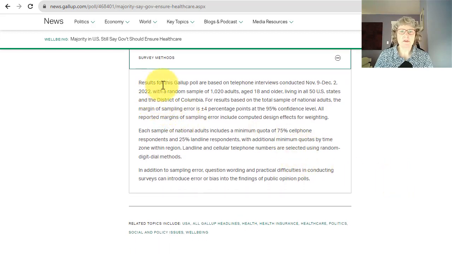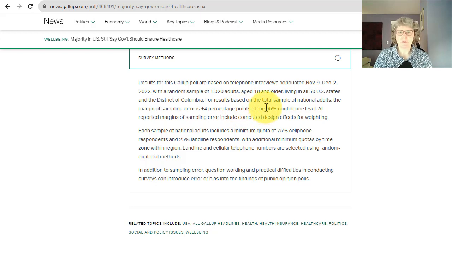Okay, so it says results for this Gallup poll are based on telephone interviews conducted November 9th to December 2nd, 2022, with a random sample of 1,020 adults aged 18 and older, living in all 50 U.S. states and the District of Columbia. For results based on total sample of national adults, the margin of sampling error is plus or minus 4 percentage points.